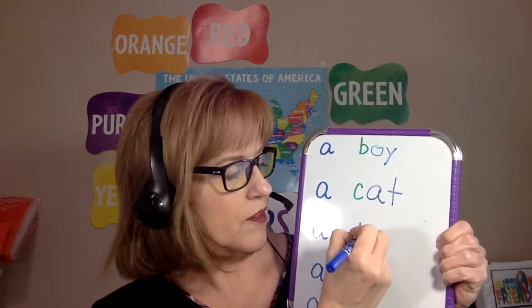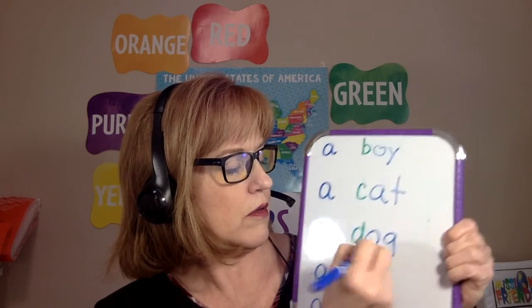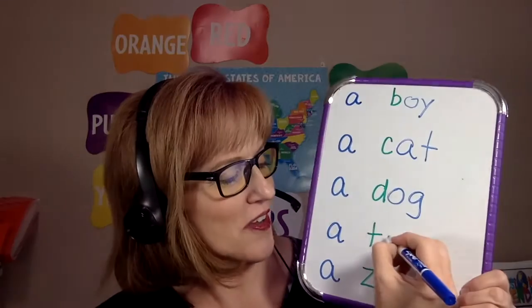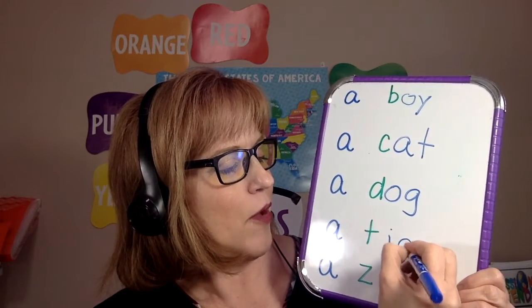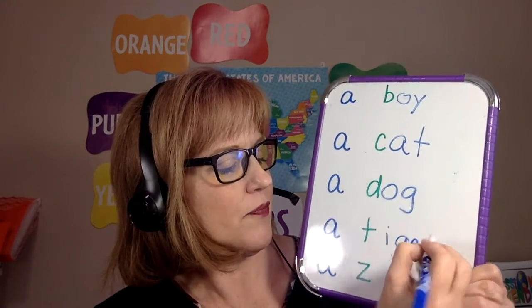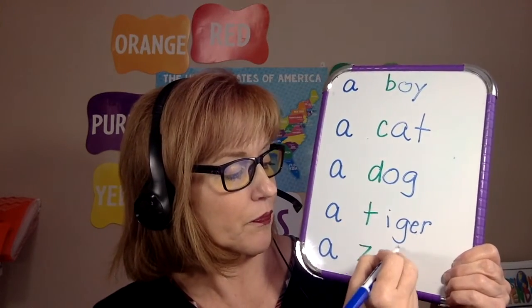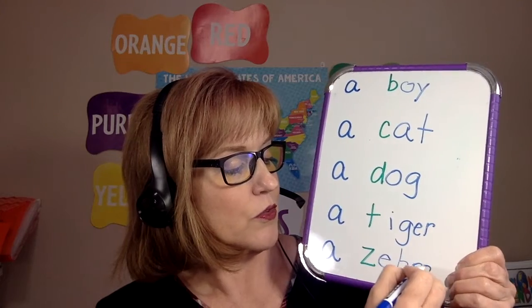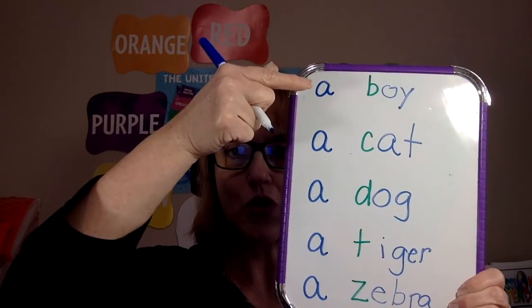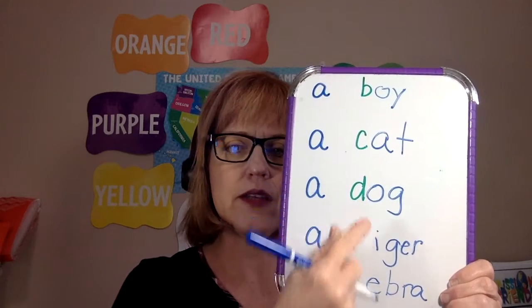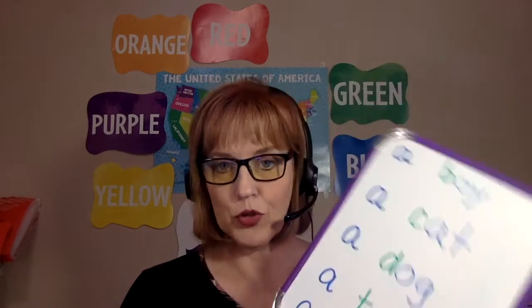D, most of them think of the word dog. T, for most of my Chinese students, tiger is a very popular word to think of. Z, they think mostly of zebra. So we'll just remind them we use the word "a" in front of words that begin with the consonant B, C, D, T, Z as examples.